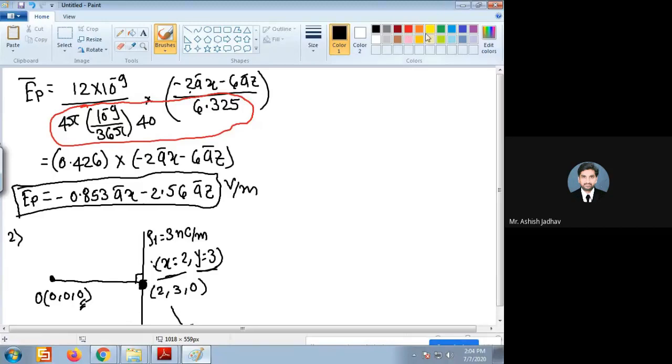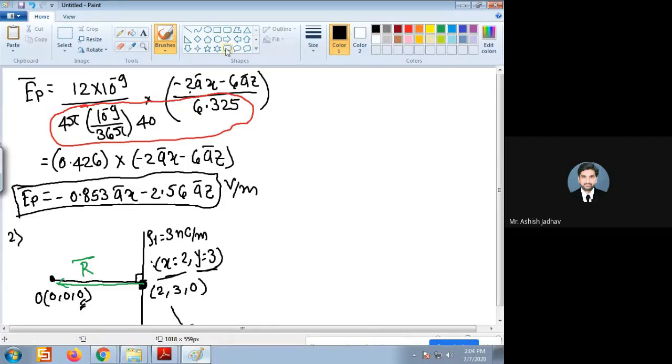Now we want to find the electric field intensity at the given origin, and for that we have to find this vector r bar. To find this vector r bar, we have a formula.